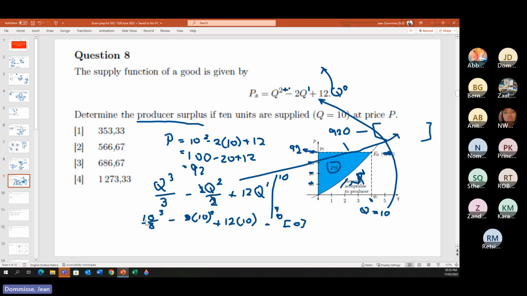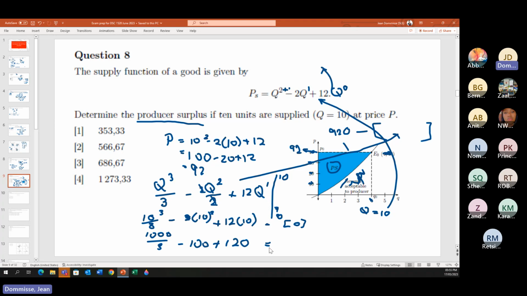Okay, so 10 to the power of 3 is 1,000. So 1,000 divided by 3 minus 10 to the power of 2 is 100, plus 12 times 10 is 120. So let's see what that is.